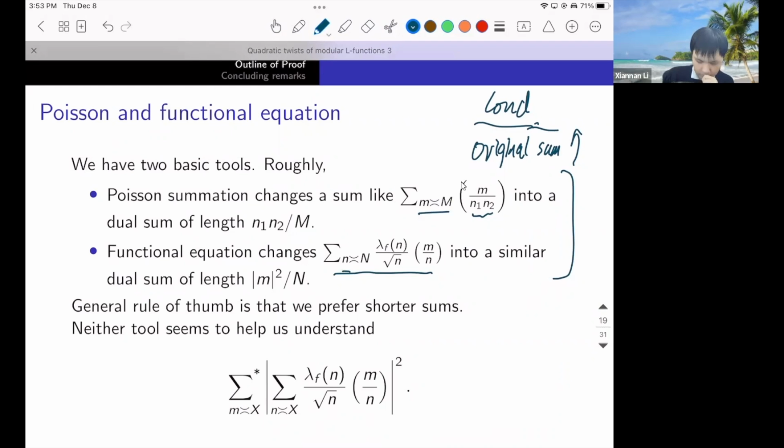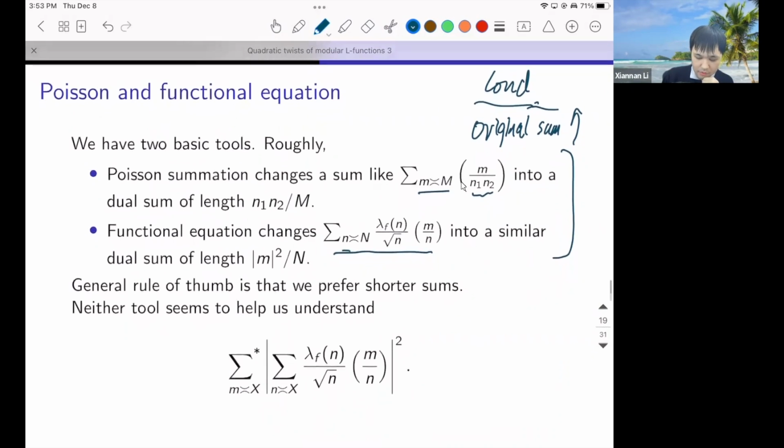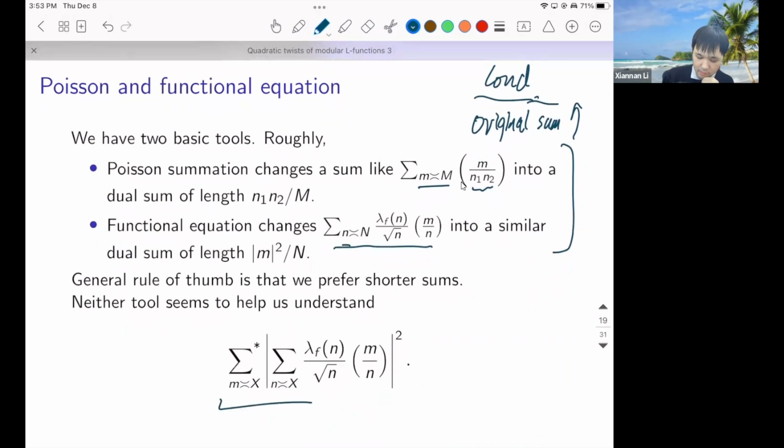Okay. So assuming that that's the case, neither one of these tools seems to help us understand this type of sum right here.